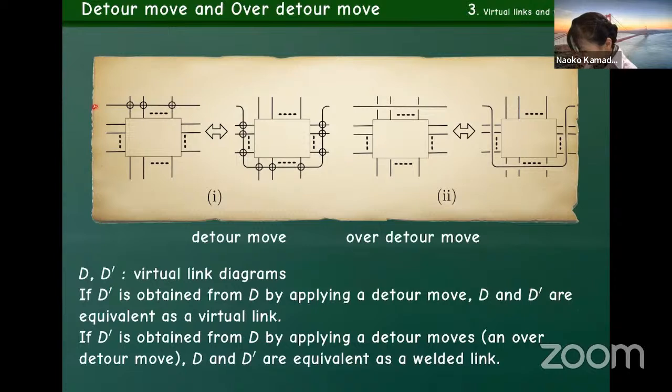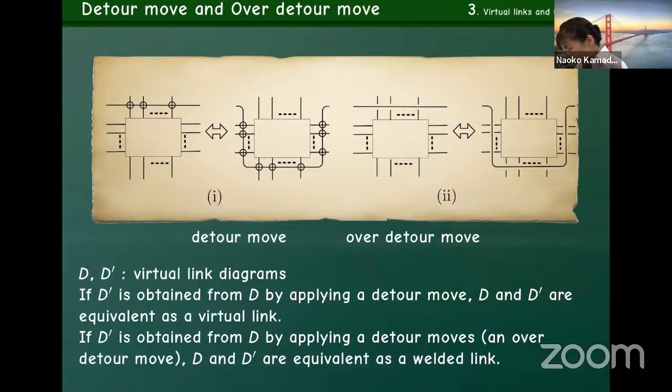For the detour move, if part of an arc consists of virtual crossings, then we can move this arc like this, and they are on virtual crossings.